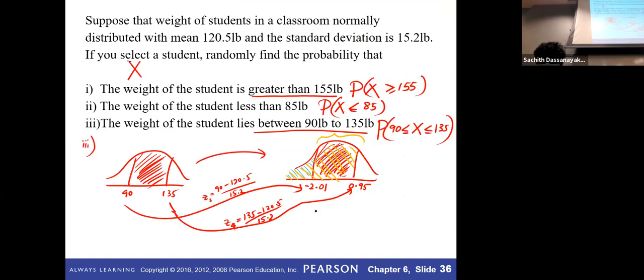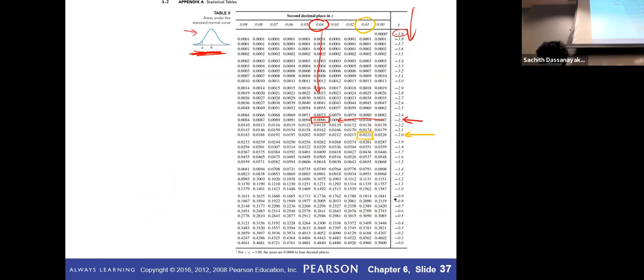So this probability, I have to write it like this. Probability of what? My capital X less than or equal to negative 2.01, right? This probability is how much? This, 0.0222.